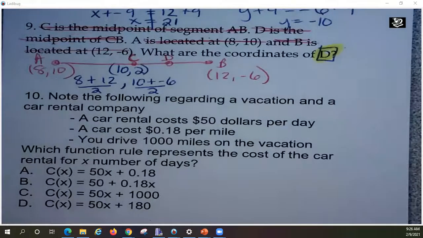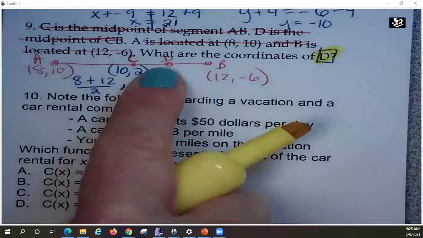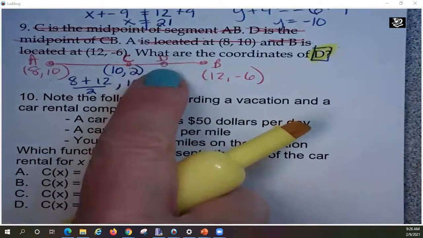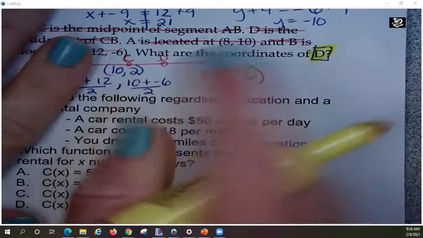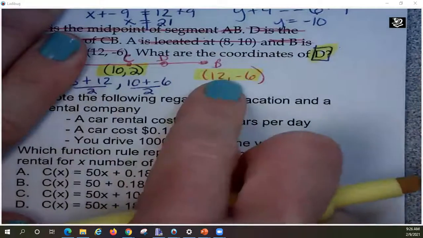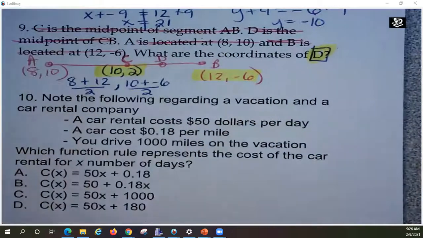No. Okay, I got to find D. What 2 letters do you think I could use to find D, Alif? Which 2 letters? A and C. All right, what is D in the middle of? A, C and B. Yeah, so D, you now use these 2. If you take these 2, it will give you the middle one.